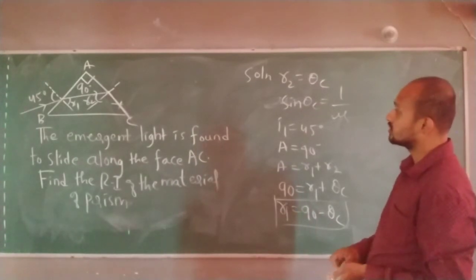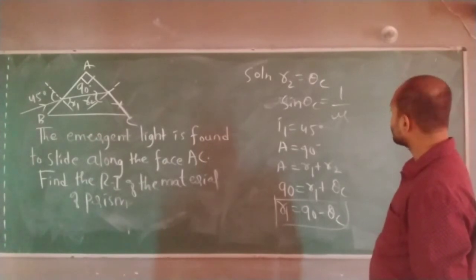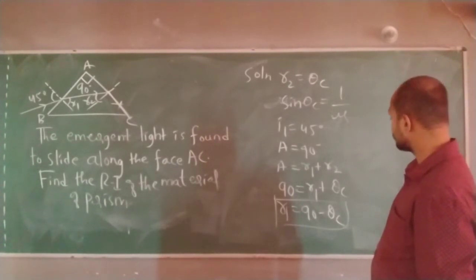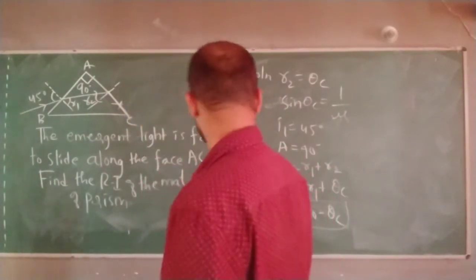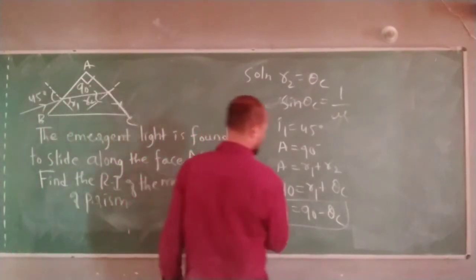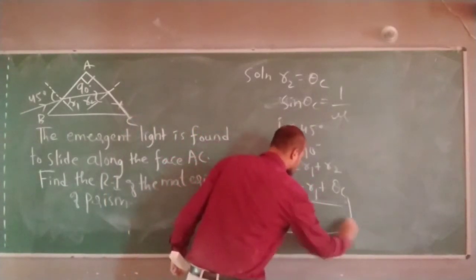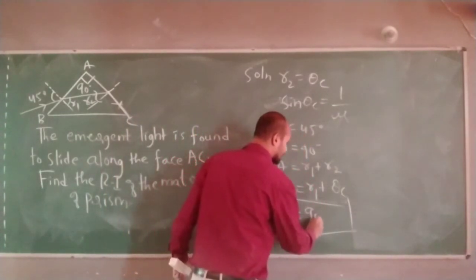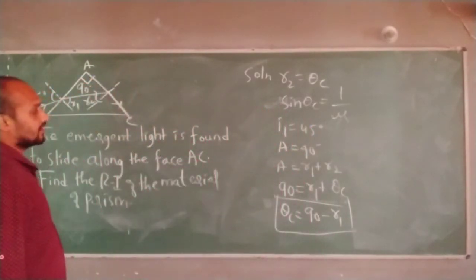Deviation is also not given. Or else I will do like this. Theta C is equal to 90 minus r1.